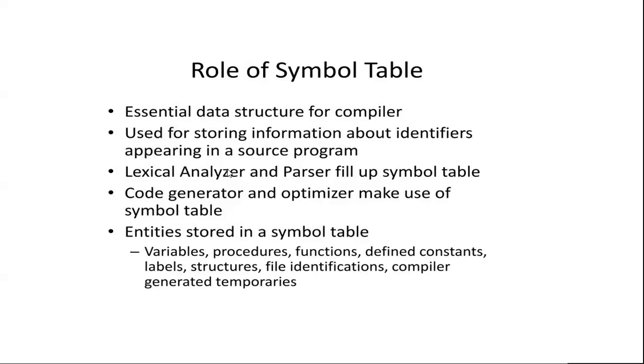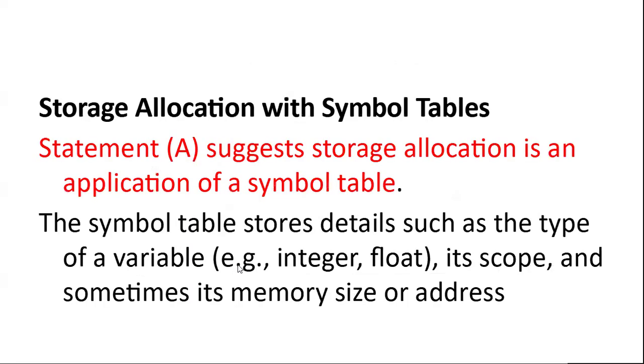And each and every phase, that is the lexical analyzer, semantic analyzer, all use this symbol table to access data, as per whatever data is stored in the symbol table, used by the different phases of a compiler. Let's analyze each statement given in the question.